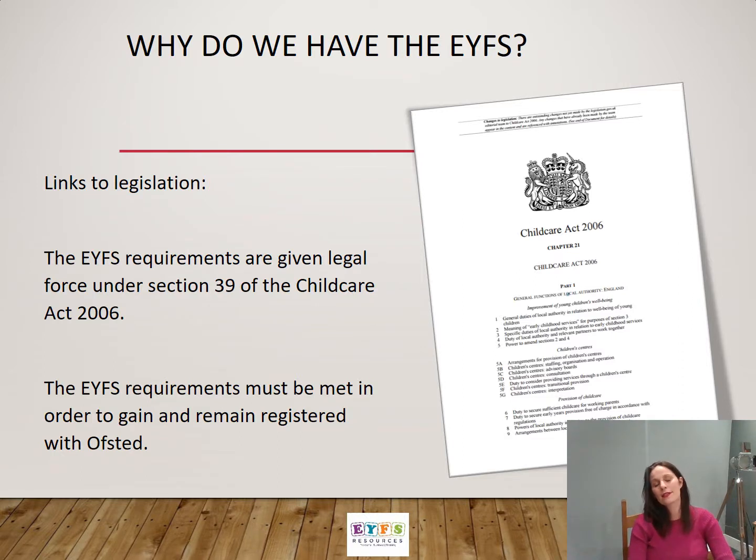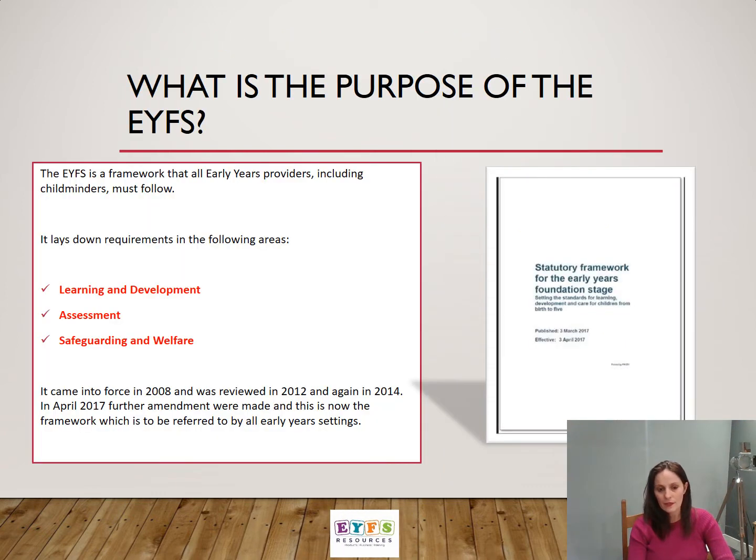So why do we have the EYFS? Let's look at the links to legislation. Firstly, the EYFS requirements are given legal force under Section 39 of the Childcare Act 2006. The EYFS requirements must be met in order to gain and remain registered with Ofsted. So what is the purpose of the EYFS?